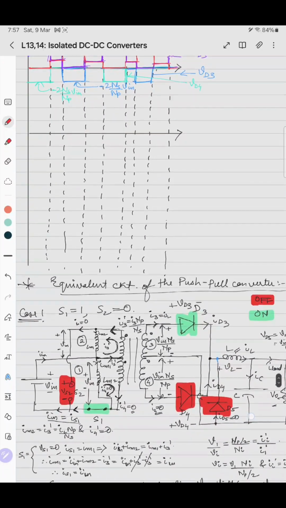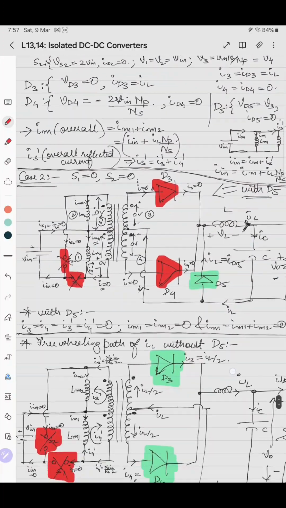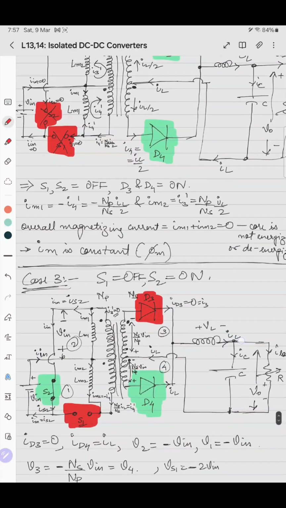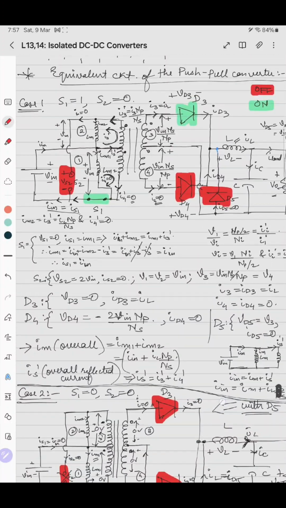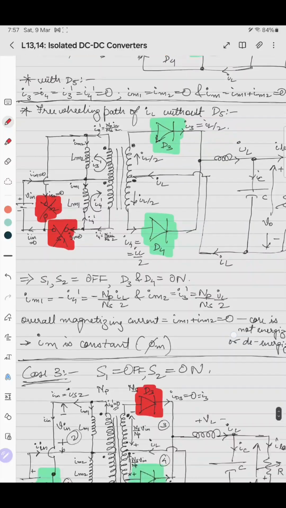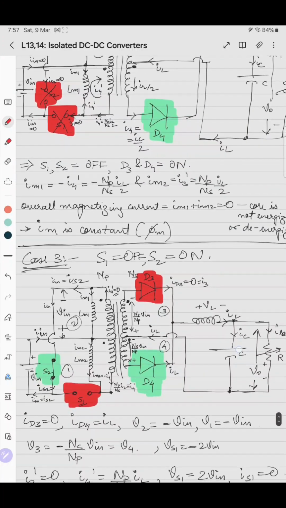In first case VS1 is 0, second case VS2 is 0, and VS1 is 0, 0, and then 2 V in.